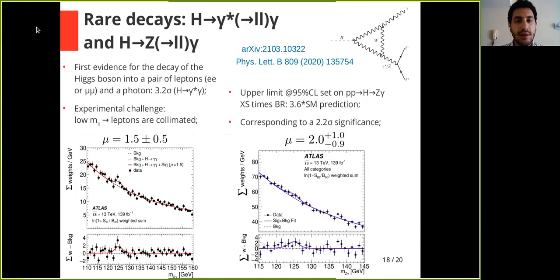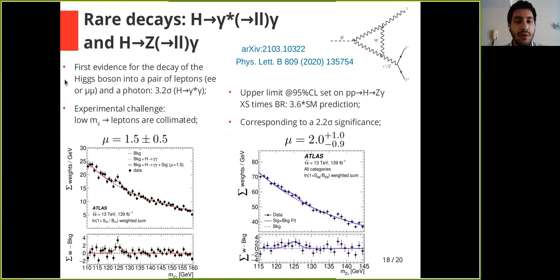Some of the most rare decays of the Higgs boson are the decays into a Z boson and a photon, and the decay into 2 photons, one of which is a virtual photon.